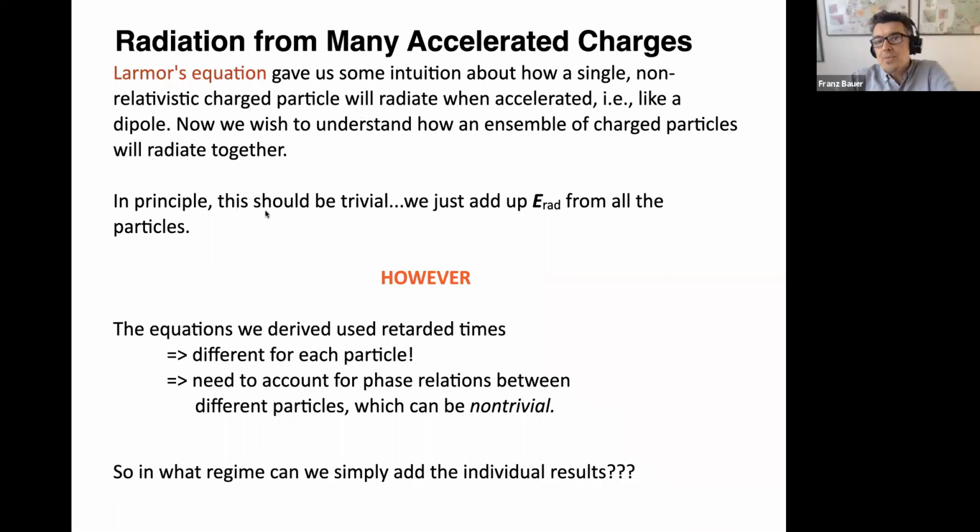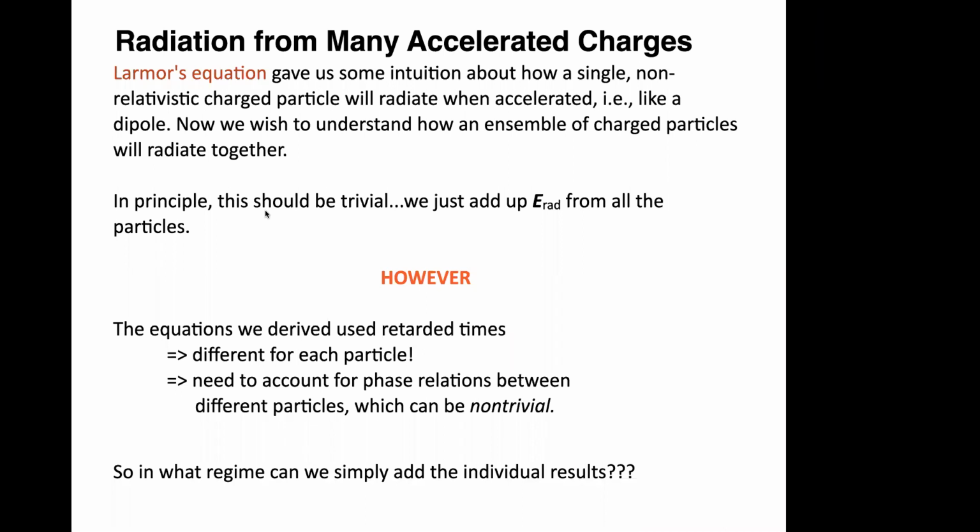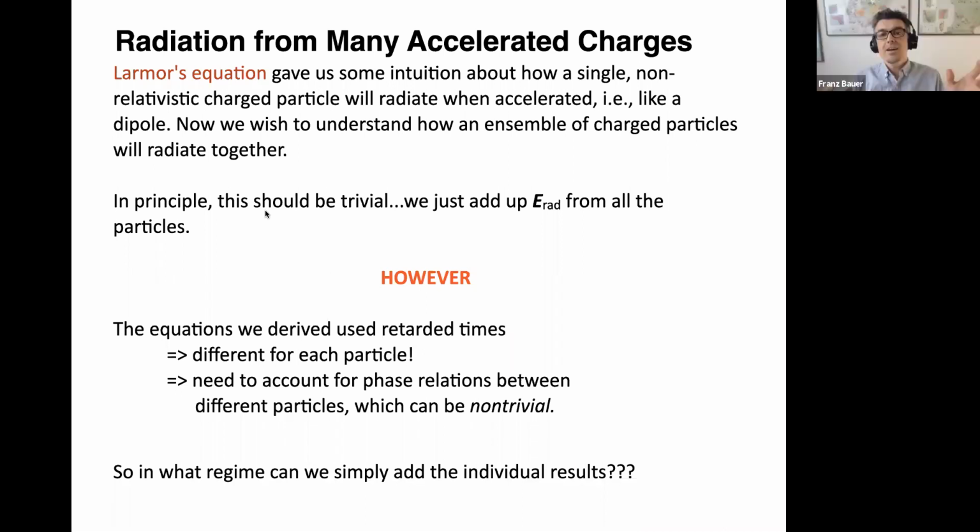In principle, you might say, okay, it's trivial. Let's add up all of the independent particles, just sum over everything, and we have this radiation. That's sort of okay, but there are a couple of problems with that.